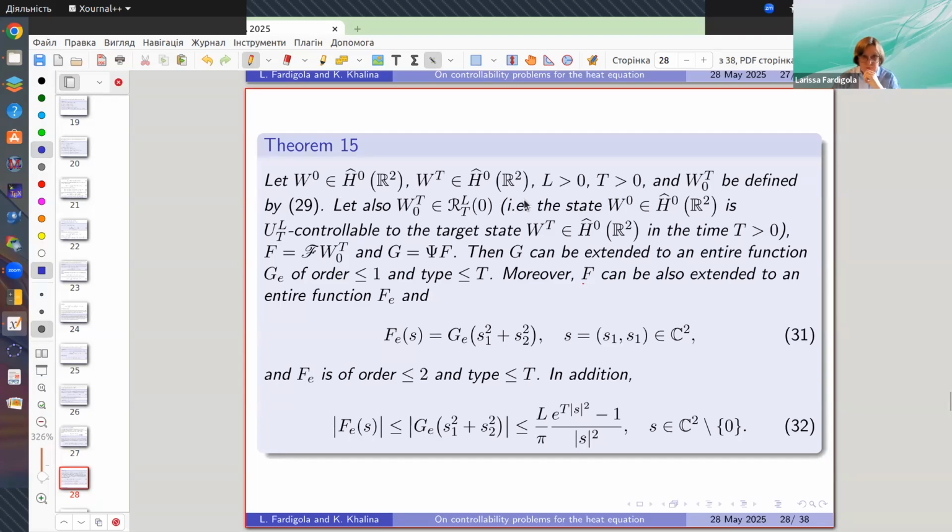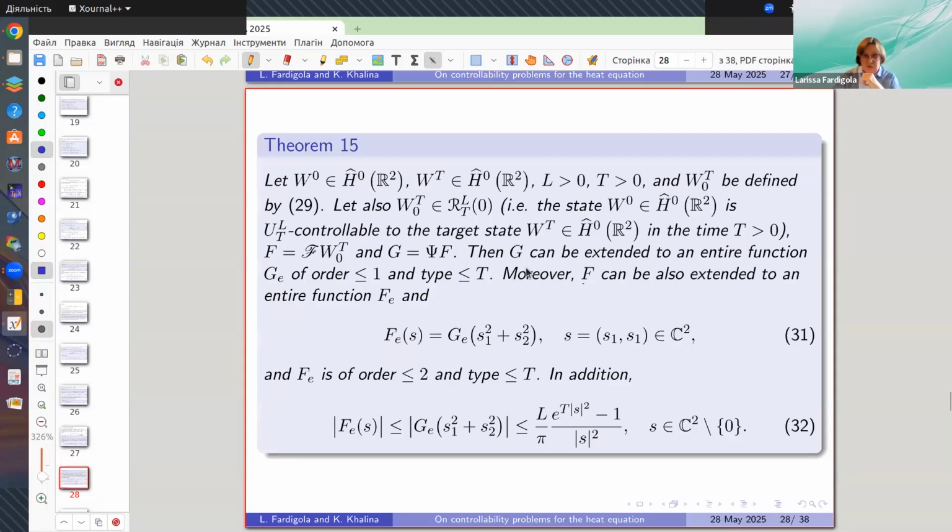Also, we assume that the condition of the previous theorem is true, and denote F capital the Fourier transform of W0T, G capital is psi of f.